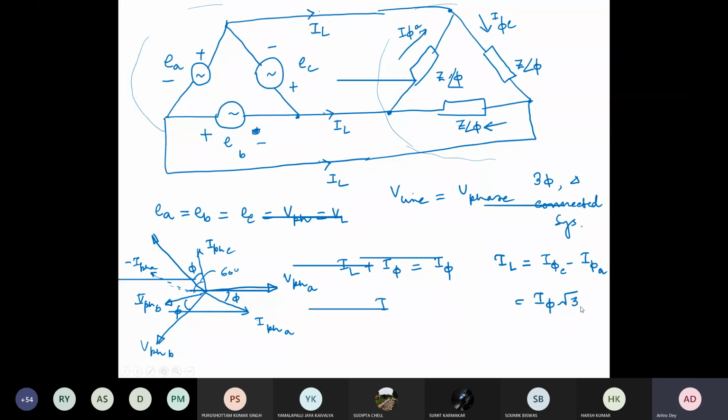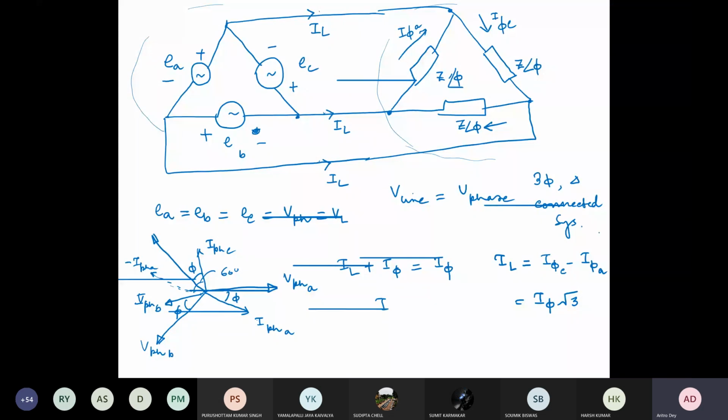This is the contrary of the star connection, where line voltage is equal to root 3 into phase voltage. Here for the delta connected system, line voltage is the same as phase voltage, but line current is root 3 times the phase current.